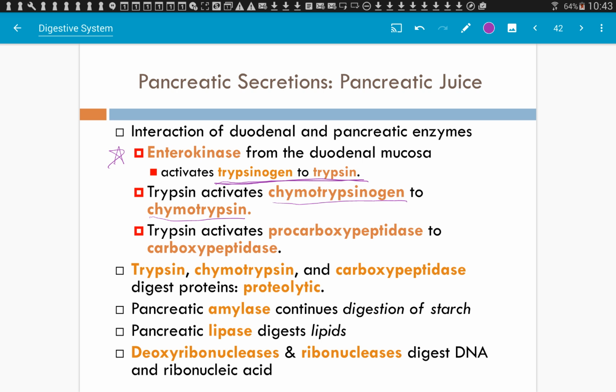All three of those break down proteins. So they are proteolytic. So really, right here, this tells you the three main dudes, the activated things: trypsin, chymotrypsin, and carboxypeptidase. All three break down proteins. The process of breaking down proteins, or the ability, is called proteolytic. Okay? Proteolytic enzymes.